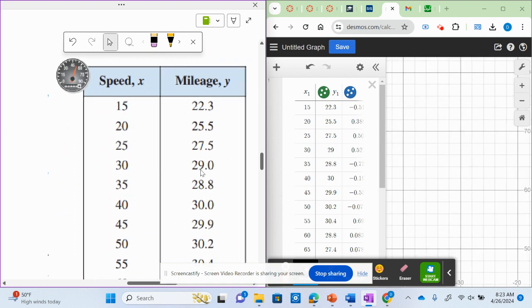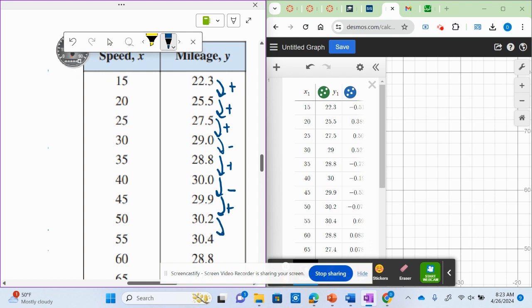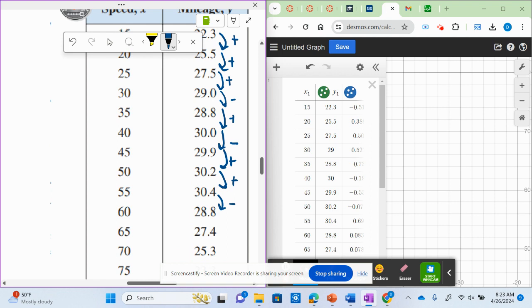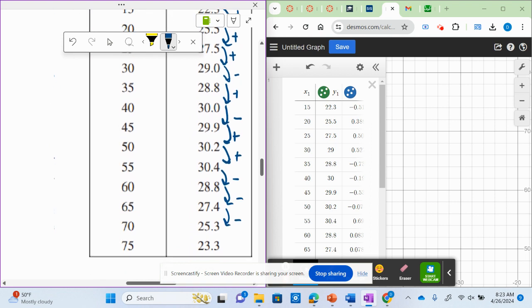Well, let's see. My data is doing what? It looks like it's getting bigger, bigger, bigger. And it gets smaller for a second, then it gets bigger, smaller for a second, and then bigger, smaller again, and then smaller, smaller, smaller.